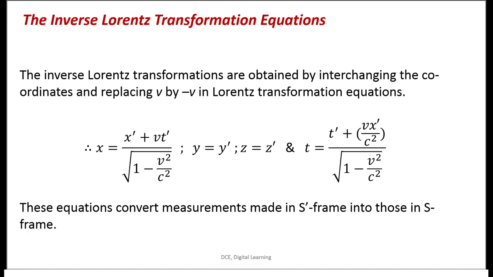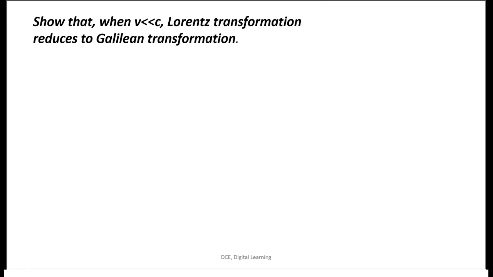That is, x is equal to x prime plus v into t prime divided by the square root of 1 minus v square by c square, y is equal to y prime, z is equal to z prime, and t is equal to t prime plus vx prime by c square divided by the square root of 1 minus v square by c square. These equations convert measurements made in the S prime frame into those in the S frame. These are the Lorentz and inverse Lorentz transformation equations.